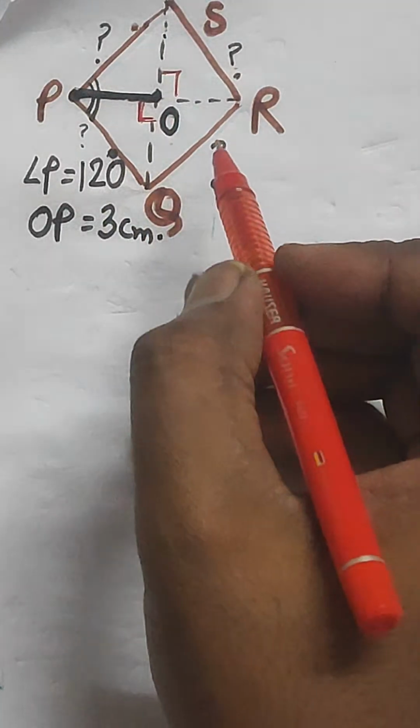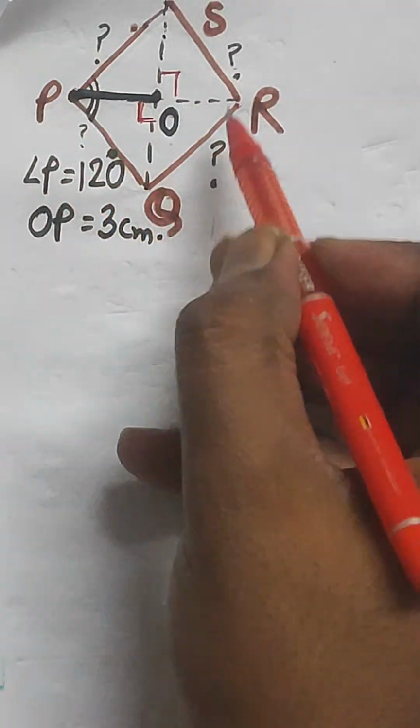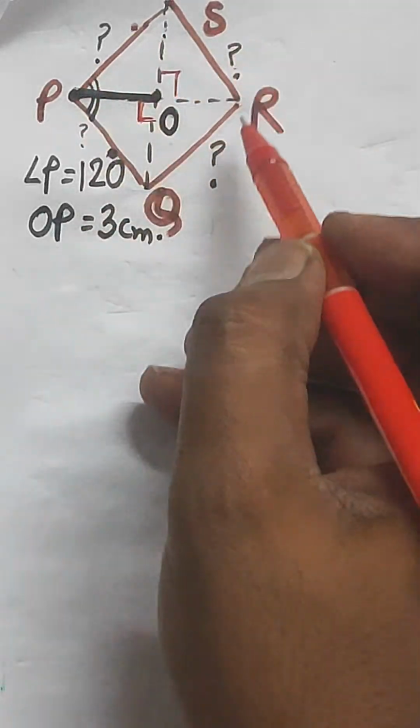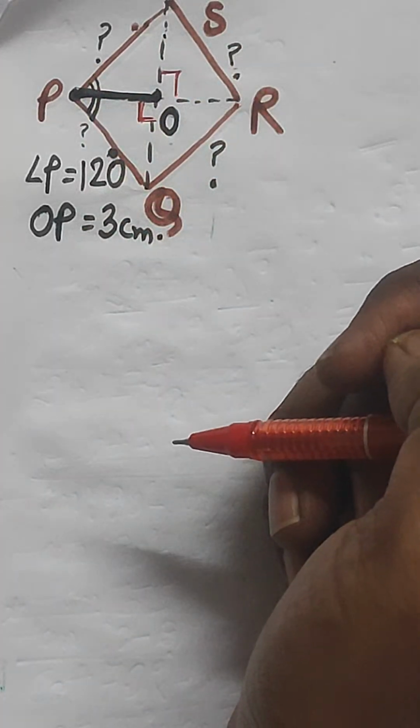Now we need to find the length of the side of this rhombus. Another property of a rhombus is that all the sides are equal.